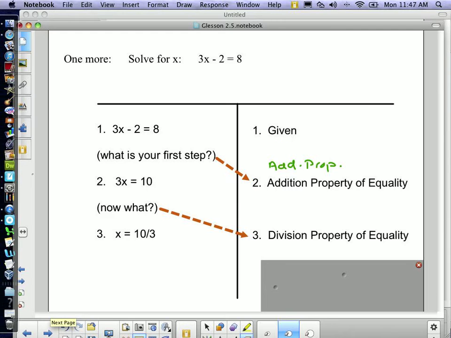Also, that could be div prop. That would be fine. Okay? And we don't want to use just the x for multiplication because really, we're not in 7th grade anymore. We don't use x for multiplication anymore. X is a variable, not a symbol. Not often, at least.